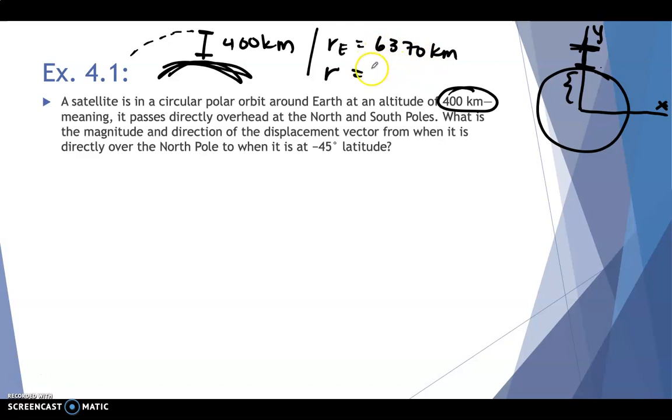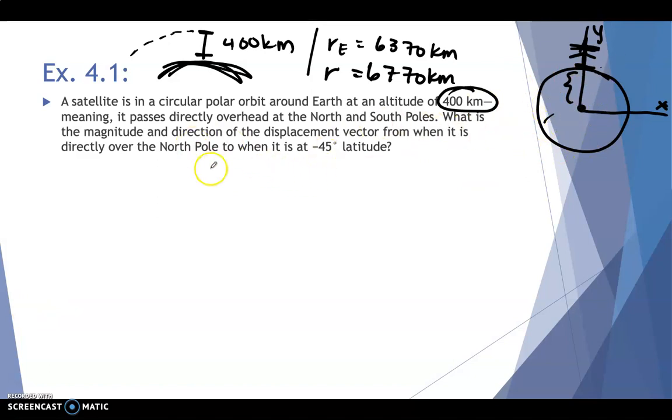So we have 6,770 kilometers. That is going to be our radius from the Earth's center to where our orbit is. Okay? So that's the first portion to kind of note.